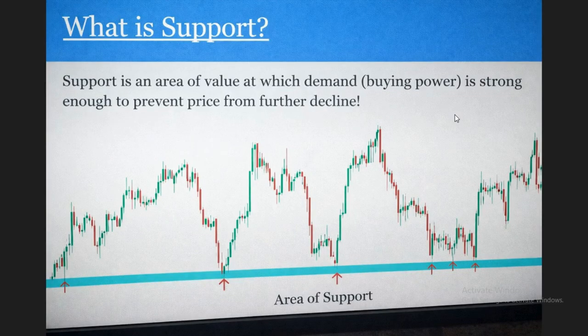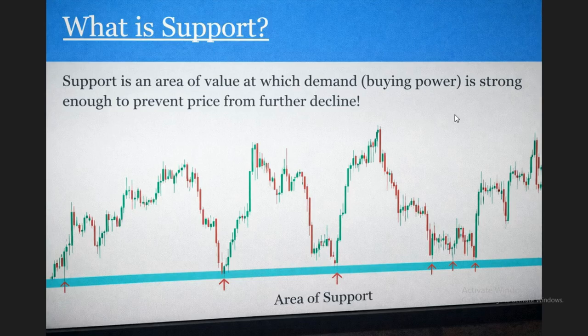So what is support? Support is an area of value at which demand, that is buying power, is strong enough to prevent price from further decline. So the support area is also known as the demand area. As you can see on my screen, we have a support area here.